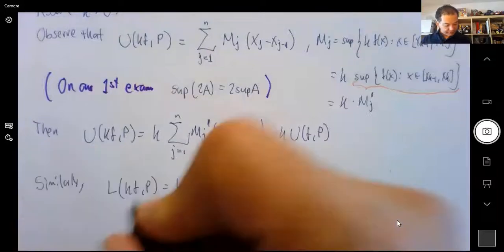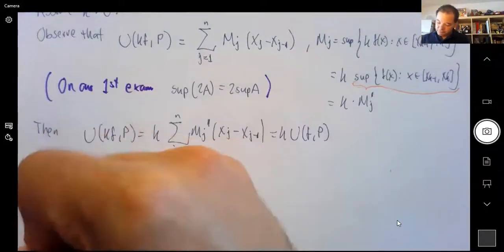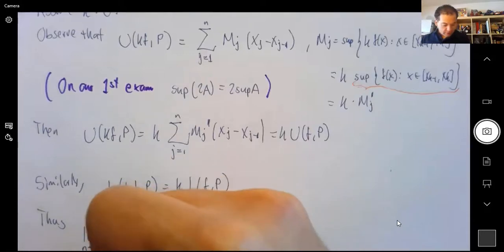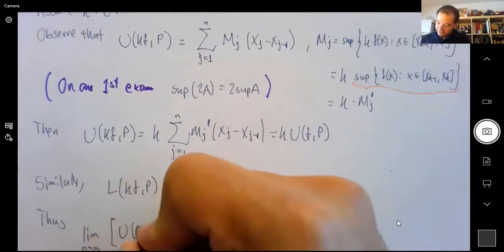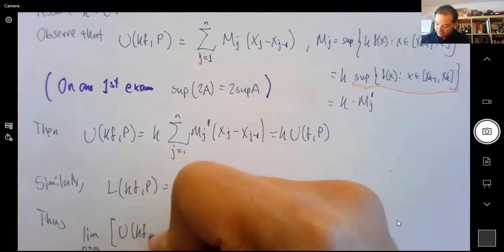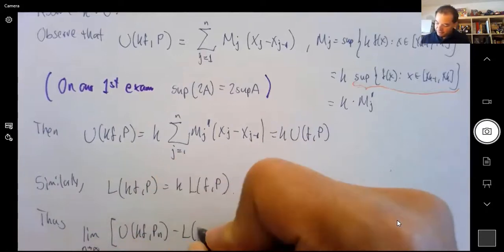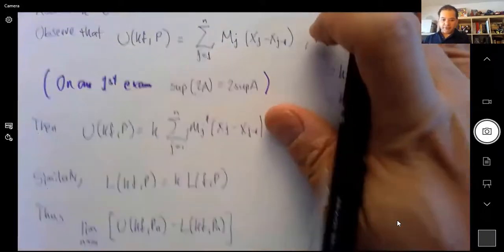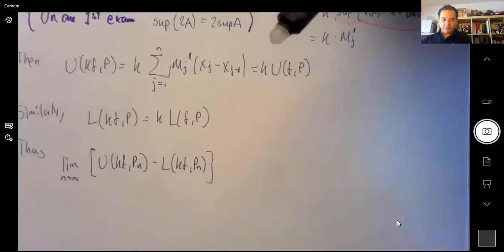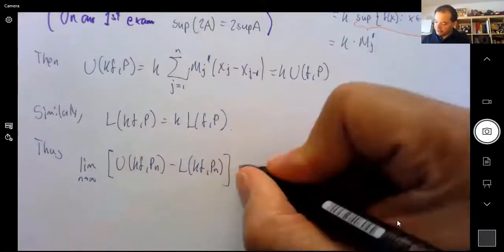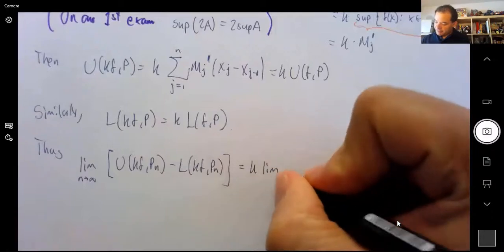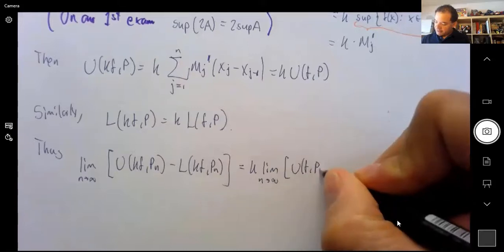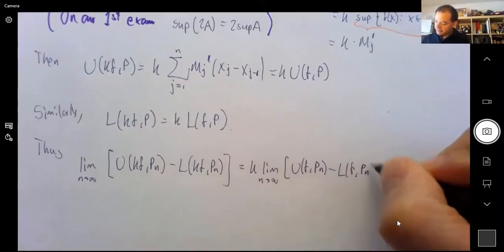Thus, if we want to do this limit, the limit of the upper sum of kf with P_n minus the lower sum of kf with P_n, whatever P_n is, for an arbitrary sequence of partitions, according to the properties we just learned, we can take the constant out. So this is k times the limit of U(f, P_n) minus L(f, P_n).